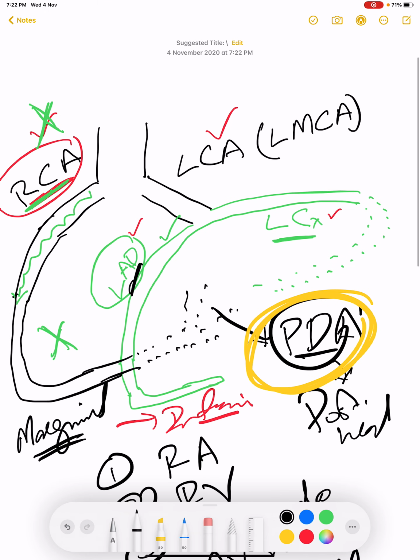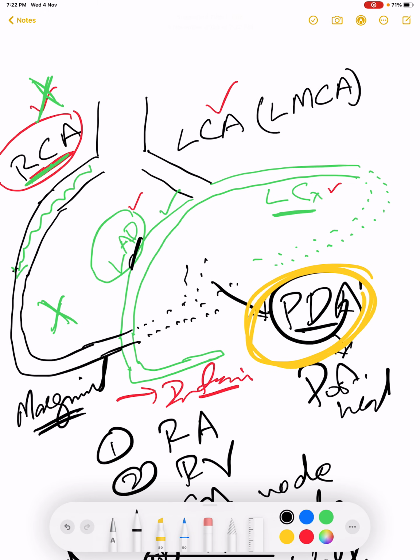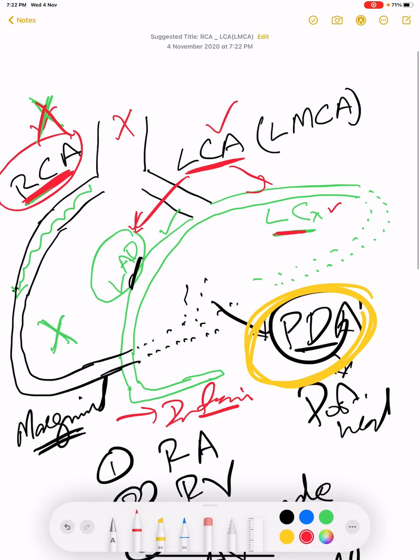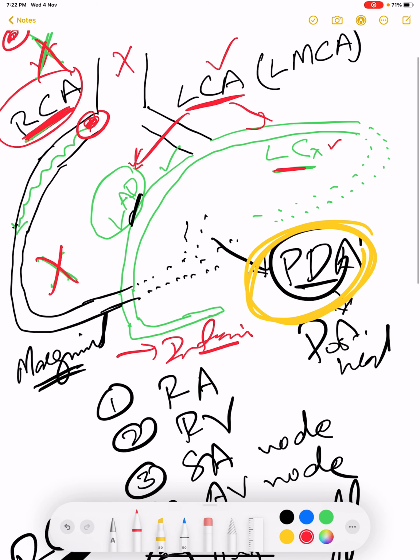Okay, so just to remind you again, we have the aorta, which gives off two branches, the right coronary artery and left coronary artery. The left coronary artery gives two branches, left anterior descending and left circumflex artery. Coming to the right side, the right coronary artery supplies the right atrium, right ventricle, SA node, AV node, and then it continues as the marginal artery, which supplies the inferior border of the heart.